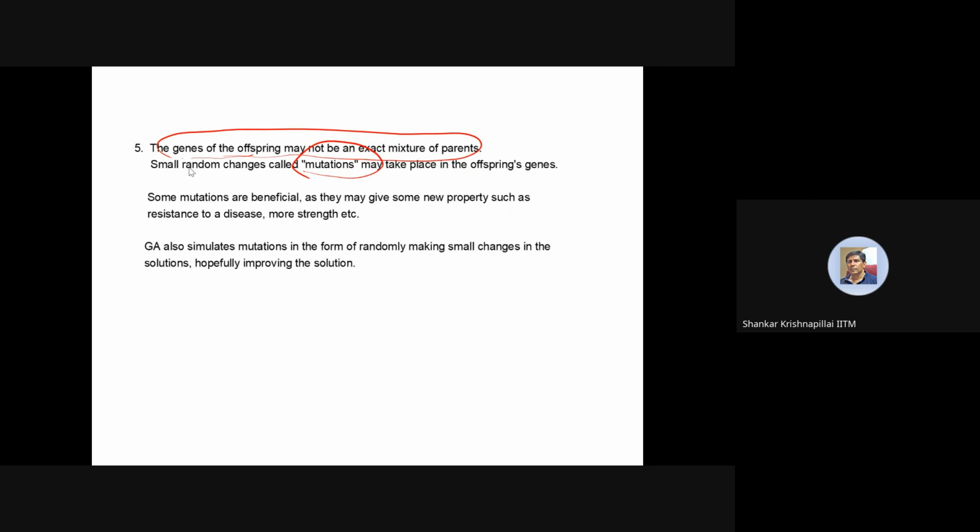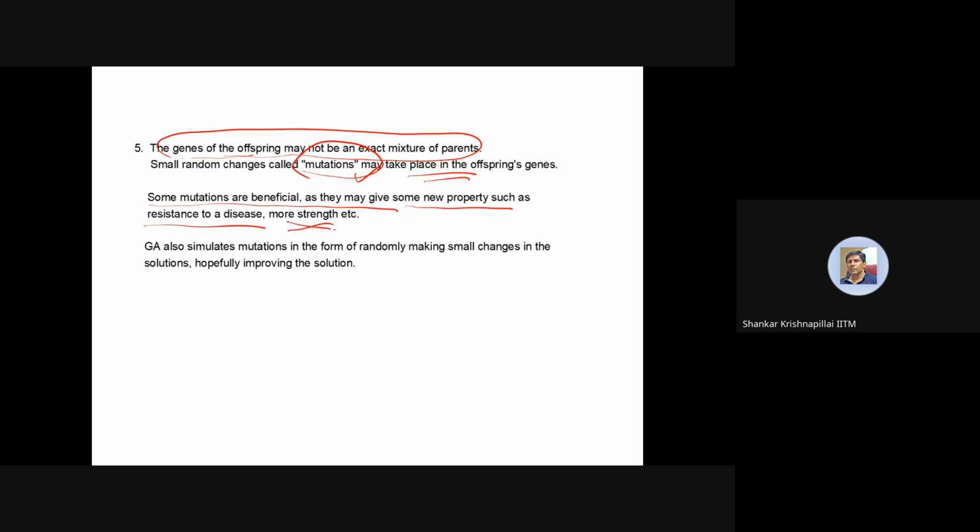Or both the parents are very short, but the offspring is very tall. These are called mutations. Mutations take place in the offspring's genes. Some mutations are beneficial. They will give some new properties such as resistance to disease, more strength, etc.